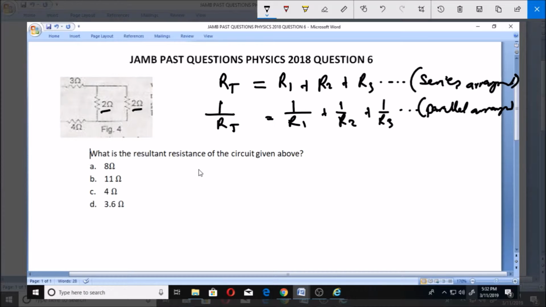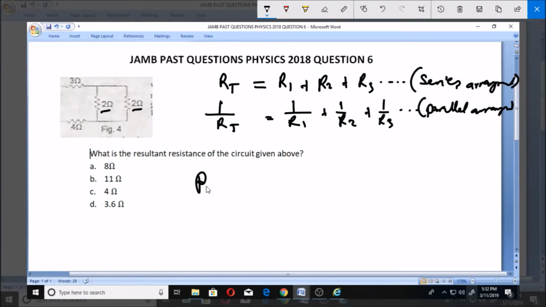So let's do it, because this figure shows these 2 ohm resistors which are in parallel, but they are now combining in series with the 3 ohm and 4 ohm. So therefore the total resistance will be given as shown.